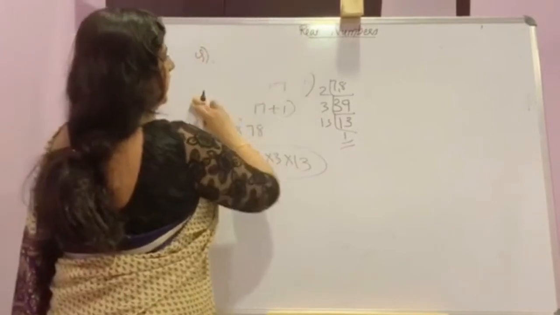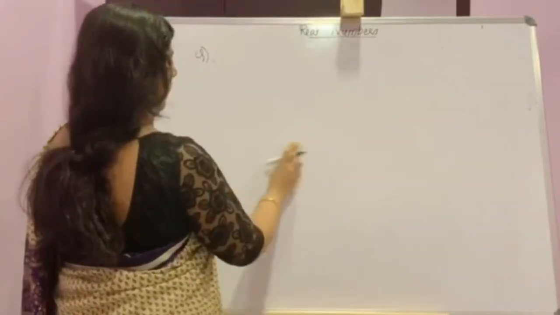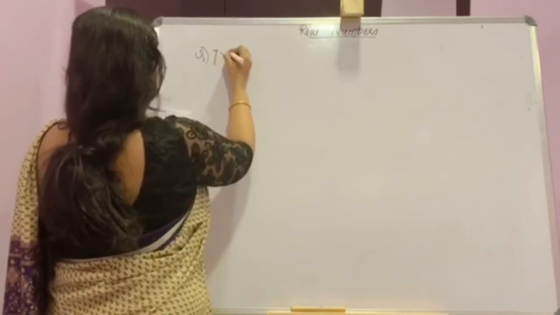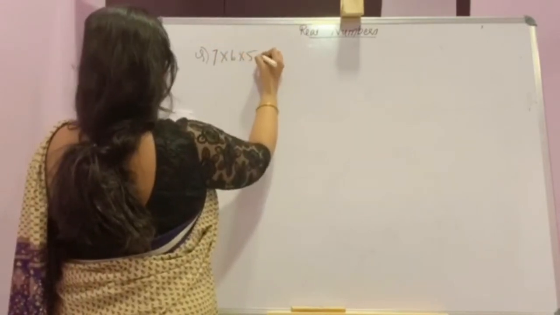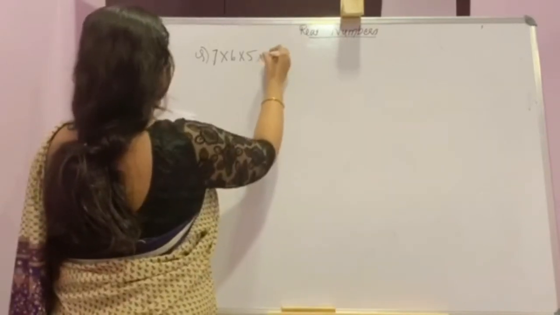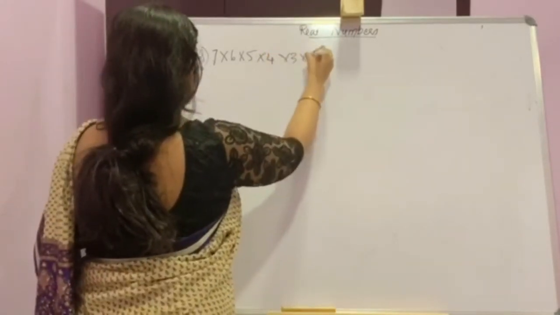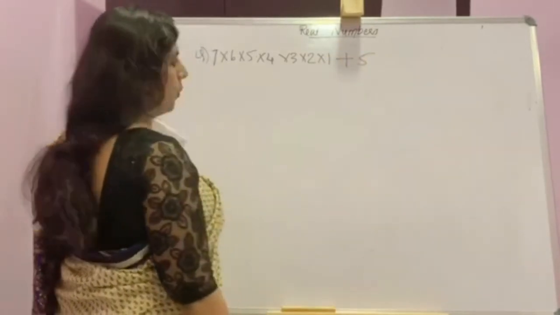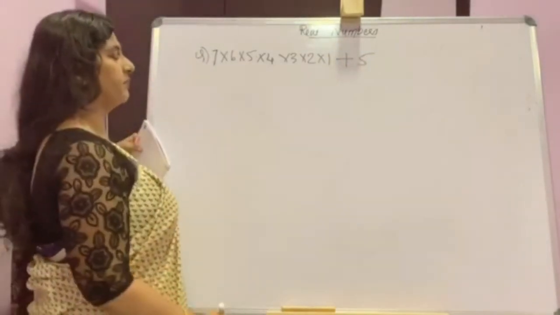Now moving to the other question. Prove that 7 into 6 into 5 into 4 into 3 into 2 into 1 plus 5 is a composite number. Explain why.